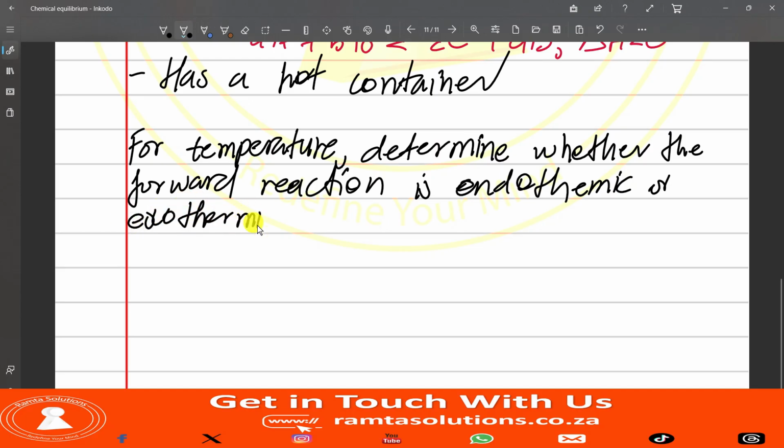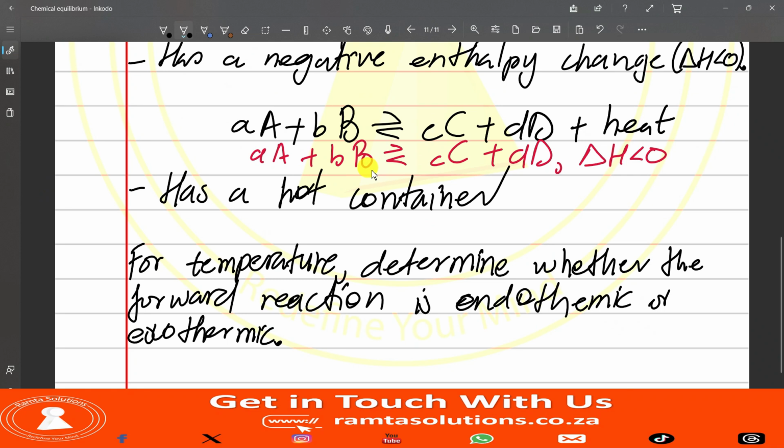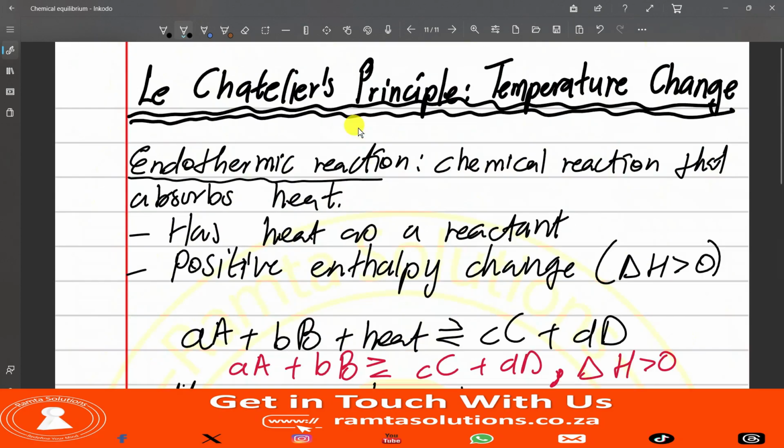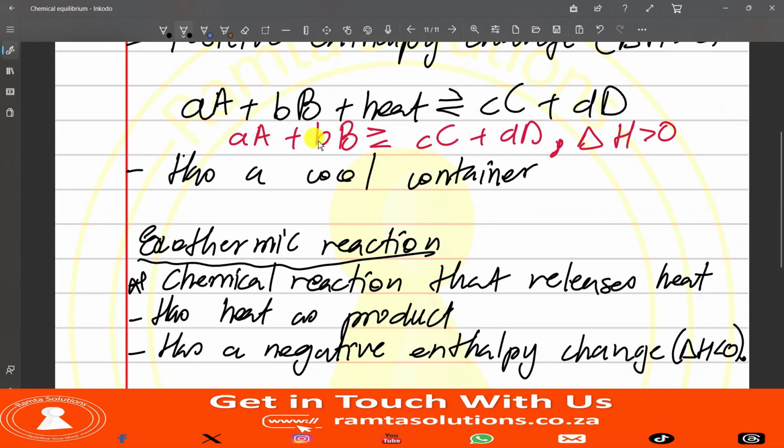I'll just show you what I mean. With this example here, the forward reaction is exothermic and the reverse is endothermic. And with this one, the forward reaction is endothermic and the reverse is exothermic. So delta H tells you what kind of reaction the forward reaction is.